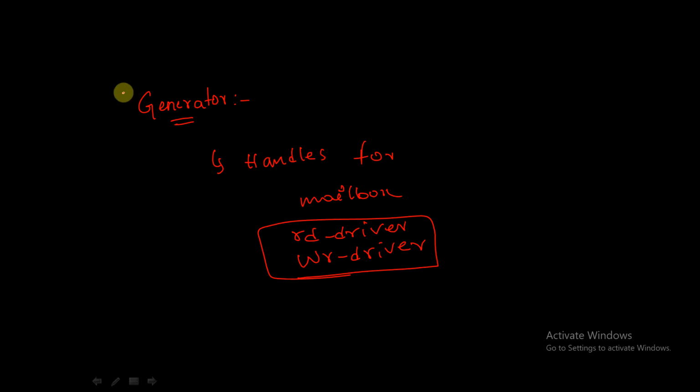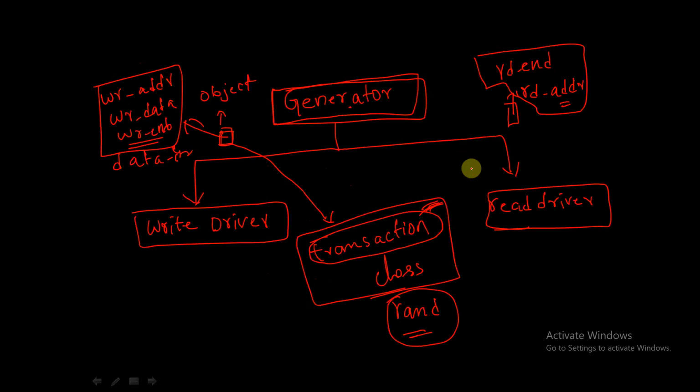In the generator I'm not going to create the instance of these mailboxes, and in the further steps I'm not going to create the instance of these mailbox handles either. I'm just creating the handles. But if we haven't created any instance, how is it going to work? We are going to create the instance in the top module for this generator, which is known as environment. In the environment we are going to create the instance for these mailbox handles.